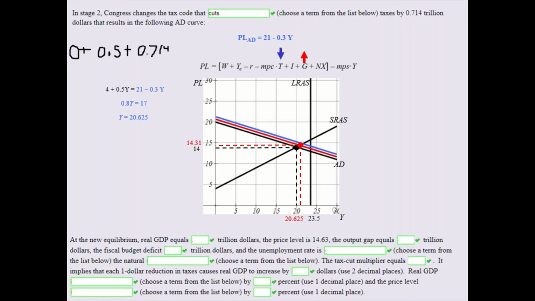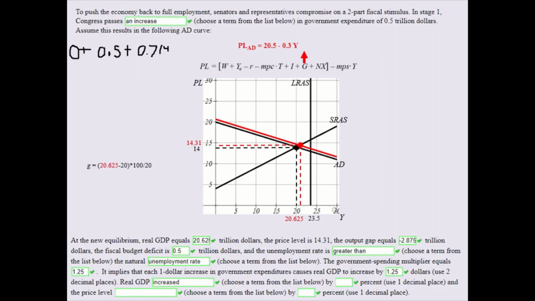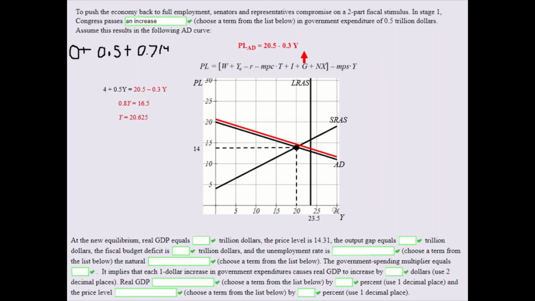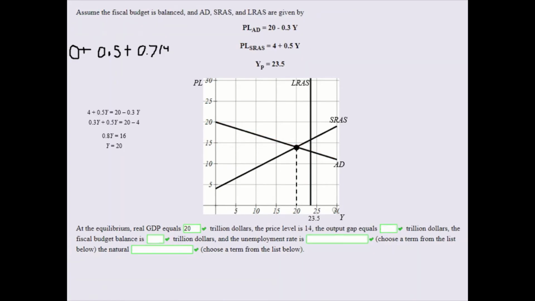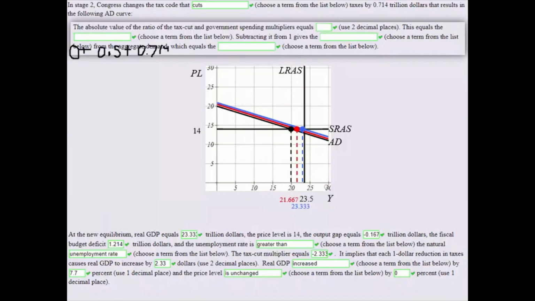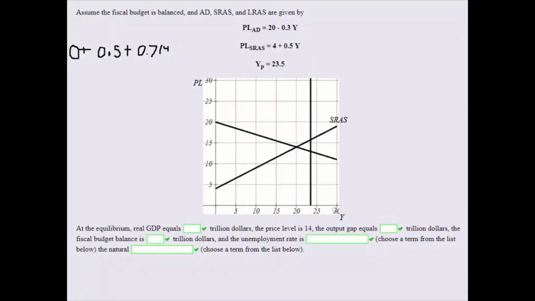If you remember, going all the way back to the Keynesian model when we cut taxes, it was a much different picture, right? We went from 21.667 to 23.33, almost closing the gap, right? But unlike the Keynesian model, in this model, the assumption is that prices are flexible.